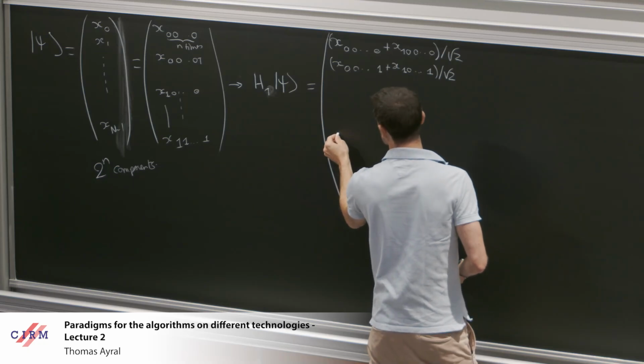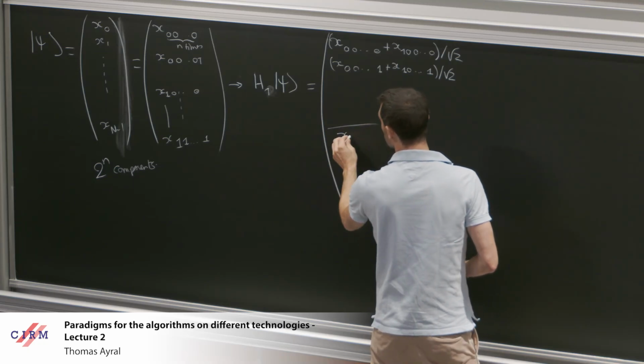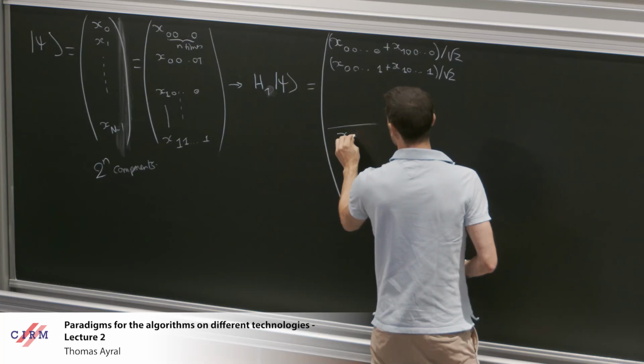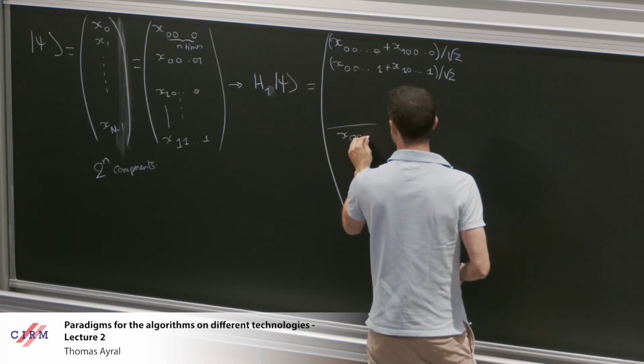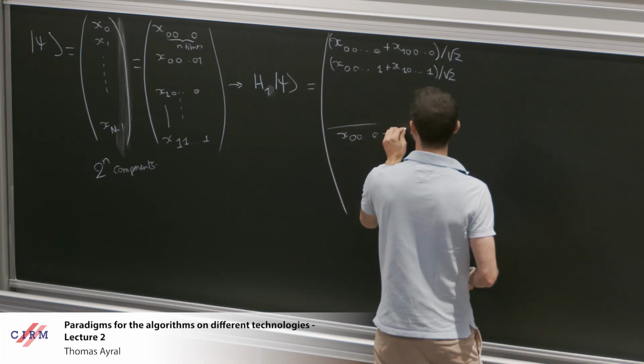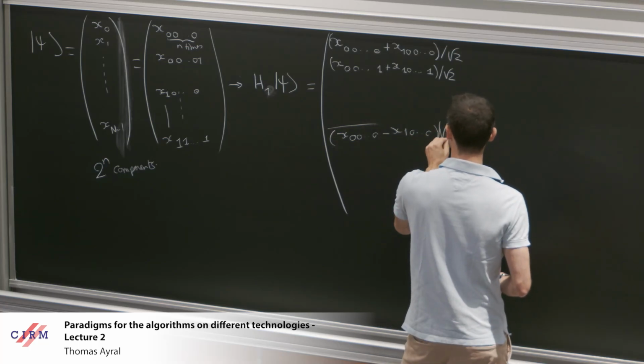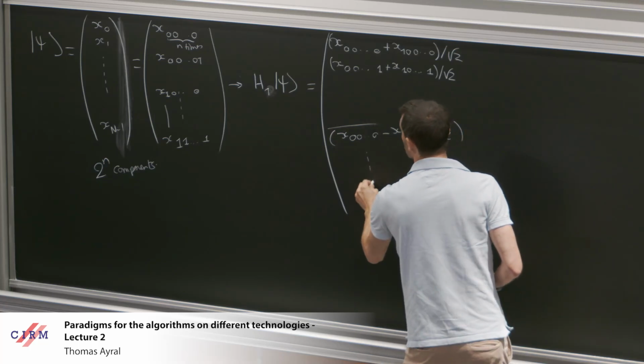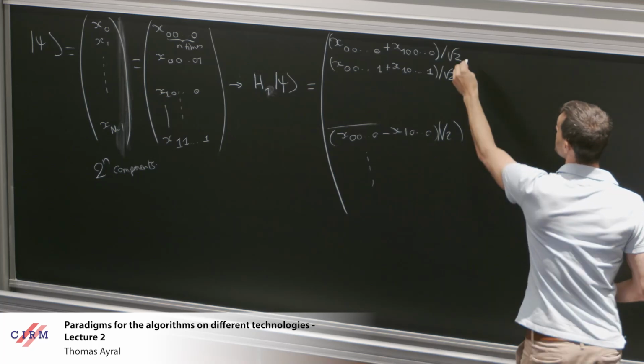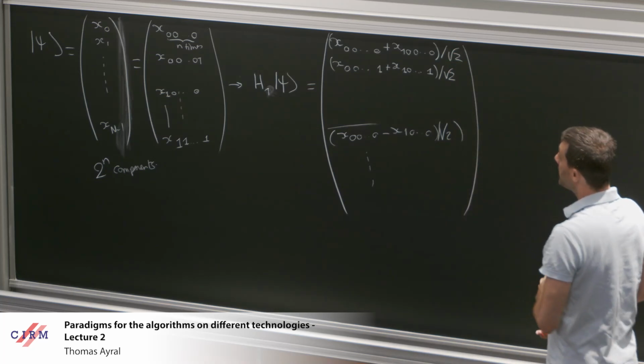And the second part, meaning all the bits starting with 1, you get x0, 0, 0 minus x1, 0, 0, 0 over square root 2, and so on and so forth. So you see what's happening when you do a Hadamard gate on your wave function.